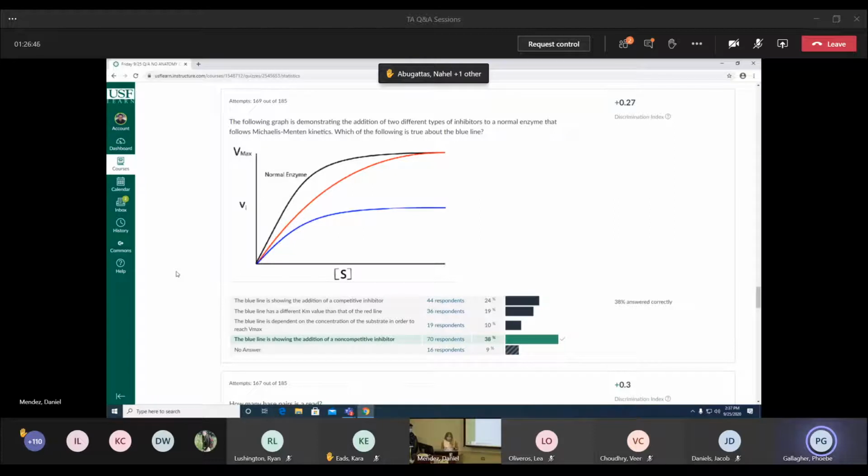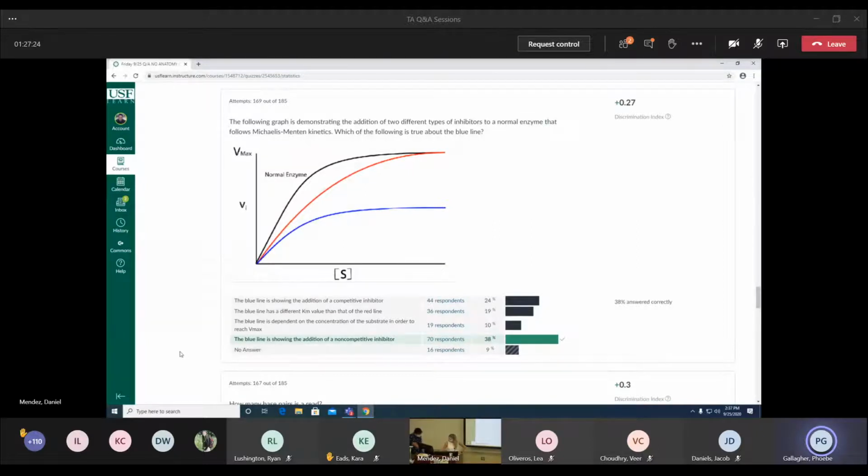The next option is the blue line is dependent on the concentration of the substrate in order to reach Vmax. This is also false because remember that with a non-competitive inhibitor, you cannot oversaturate the solution with the substrate and cause the Vmax to be reached. You can't knock the inhibitor off by just adding more substrate like you can with the competitive inhibitor.